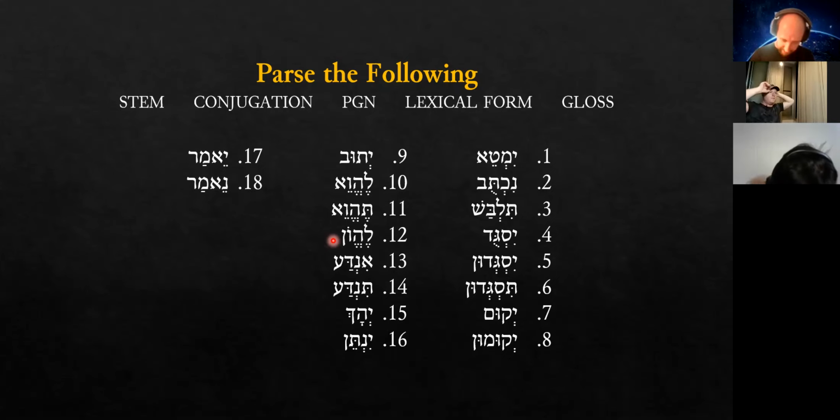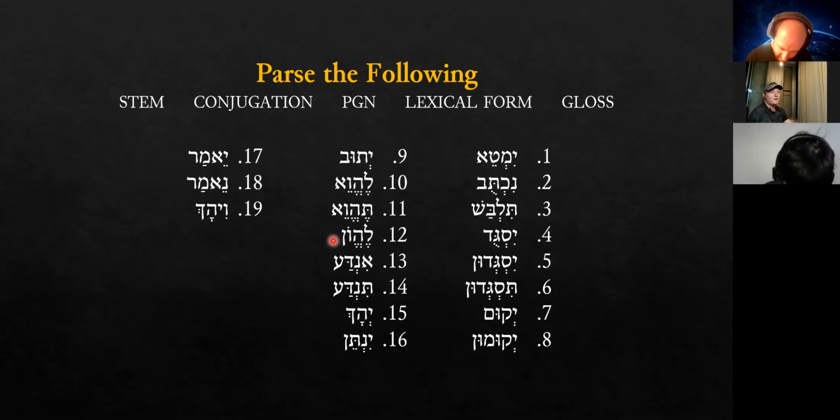Neymar is a peal imperfect first common plural from amar, to say, aleph mem resh, meaning we will say.